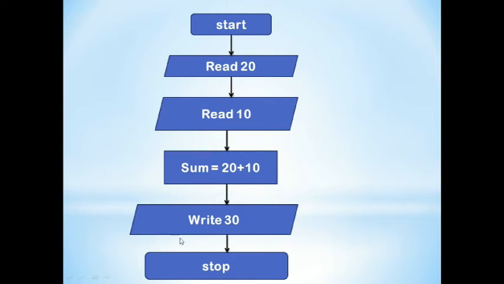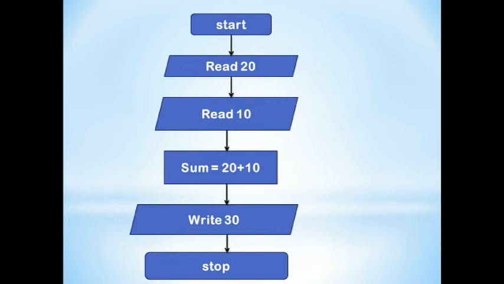And the output is 30, and that is also written inside a parallelogram. So for reading input from the user and also for displaying the result, we use parallelograms. All the processes or actions are written inside the process box.